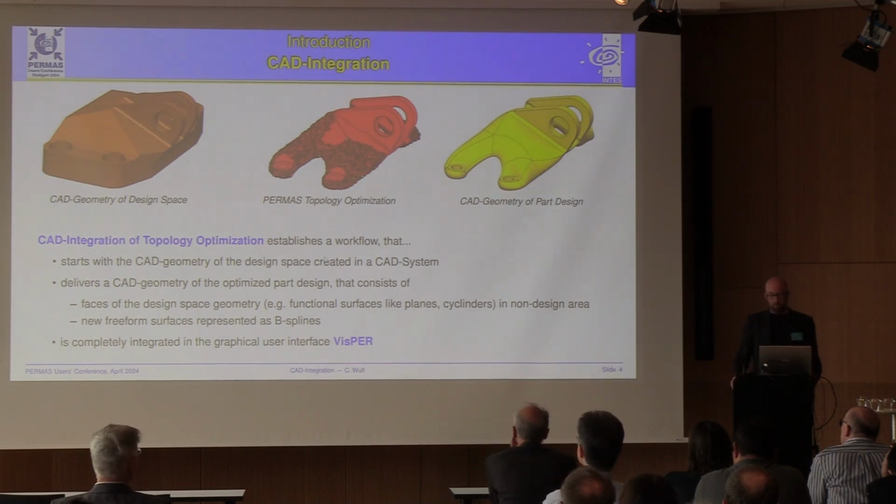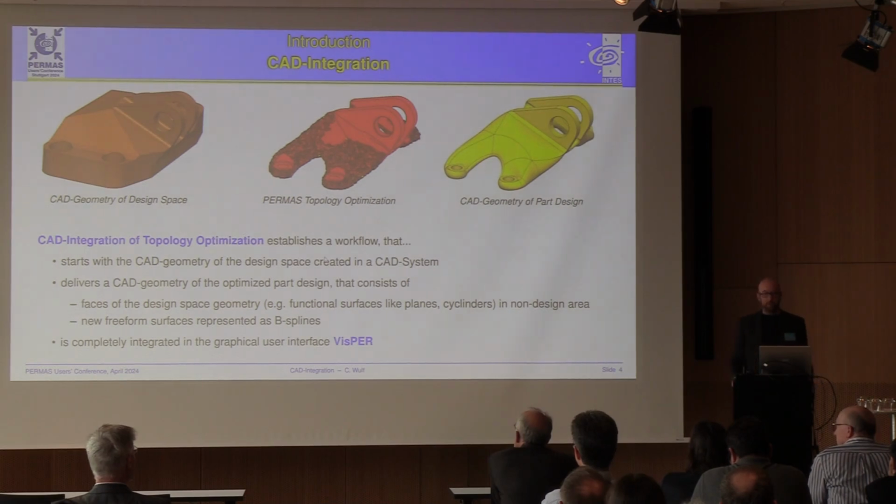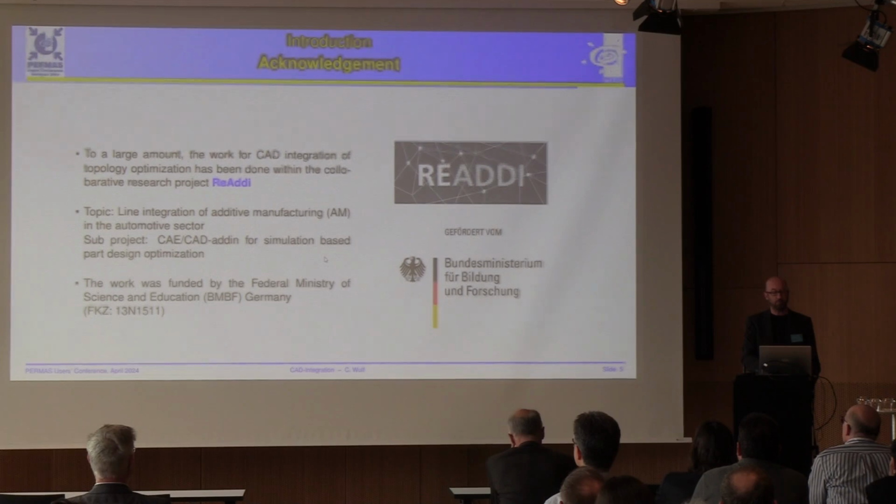Typically this comprises functional surfaces like already mentioned bearings, flanges and so on that are typically represented by regular surfaces like planes and cylinders and so on. And in addition, it adds the new freeform surfaces that evolve during the topology optimization process and then should be represented as B-spline surfaces. And of course, this complete process should be integrated in the graphical user interface VisPER.